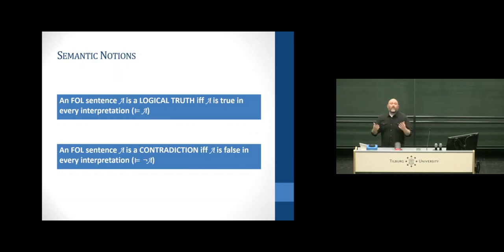Similarly, an FOL sentence is a contradiction if and only if it's false in every interpretation. That is, there's literally no interpretation that makes it true. This again parallels the notions we had before of being a tautology and being a contradiction, but those were defined in terms of valuations.